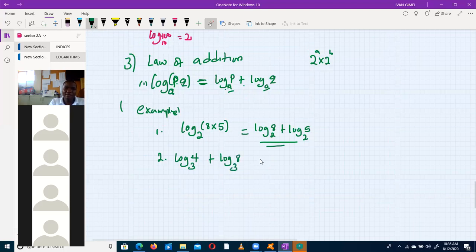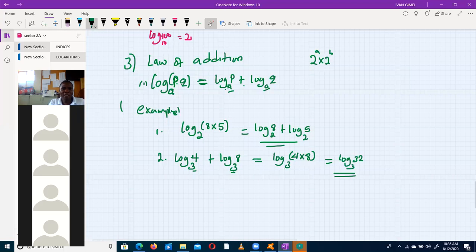This is the same as getting the log. Since the bases are the same, you know that the base here is the same as the base there. This is the same as finding log to base 3 of 4 times 8. I can simply multiply the numbers. Since I'm adding and they have the same base, this becomes log of 32 to base 3, something like that.